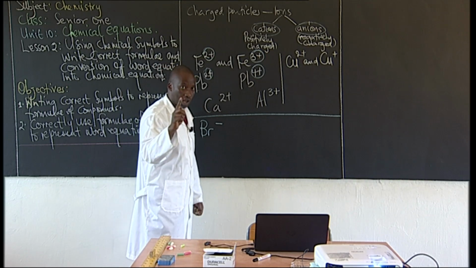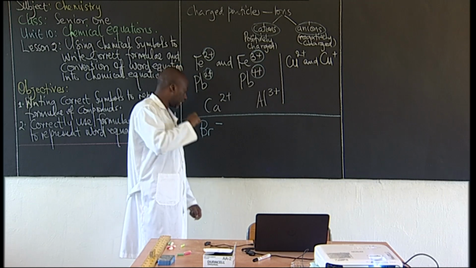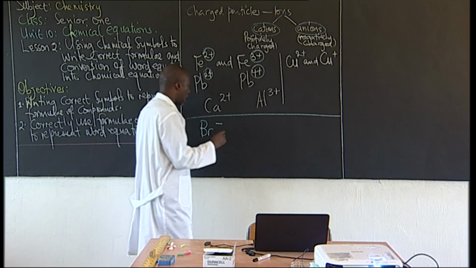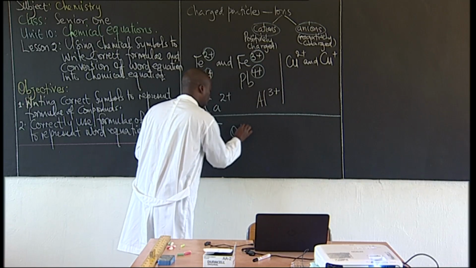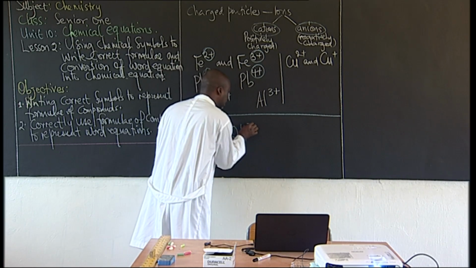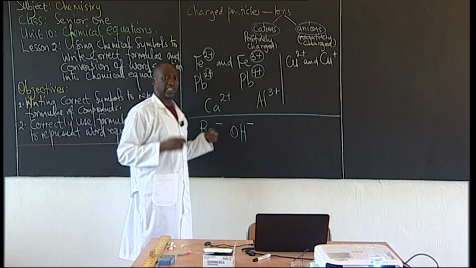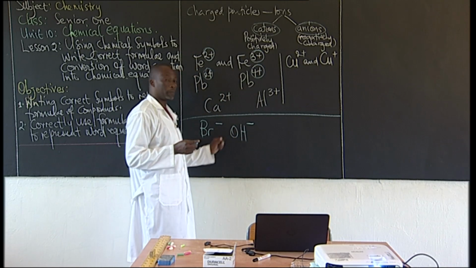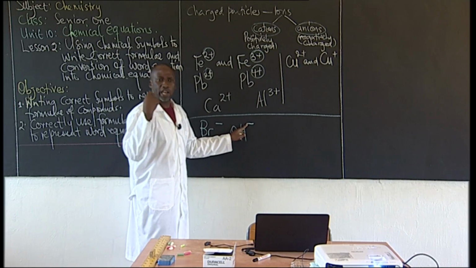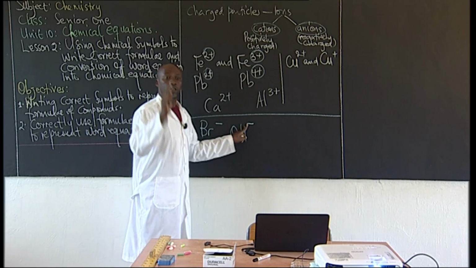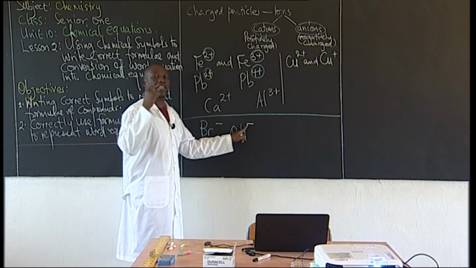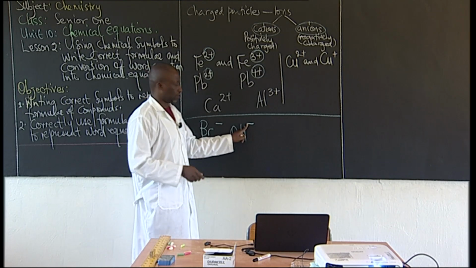It is only 1. So that's why the valence of the bromide is given as 1. When we say hydroxyl, this is the symbol for the hydroxyl radical. It has a negative here. It means that this radical has a negative charge, and how many negative charges are there? It is only 1. So that is why the hydroxyl has a valence of 1.